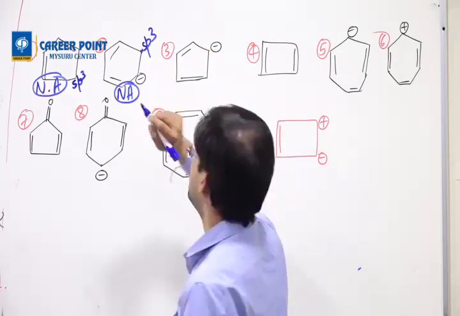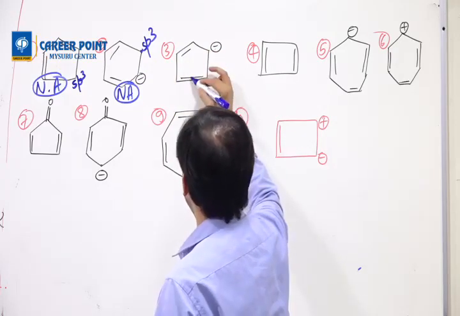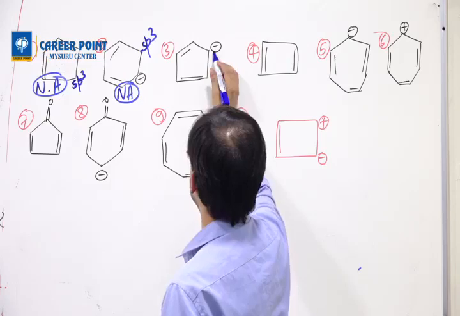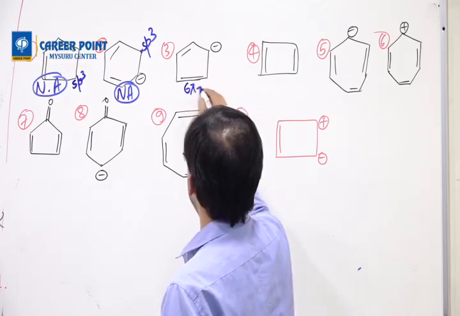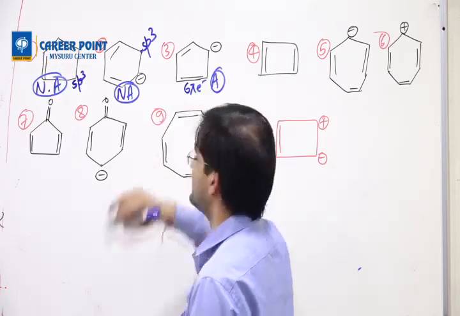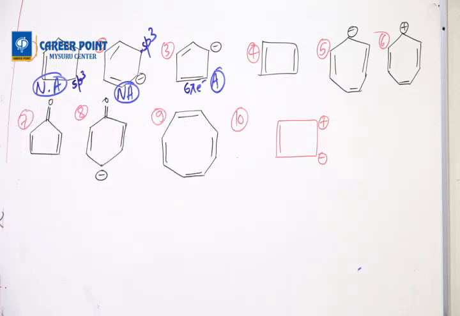The number of pi electrons: 2 plus 4 plus 2, 6. 6 pi electrons, and the answer is aromatic. Third one is aromatic.